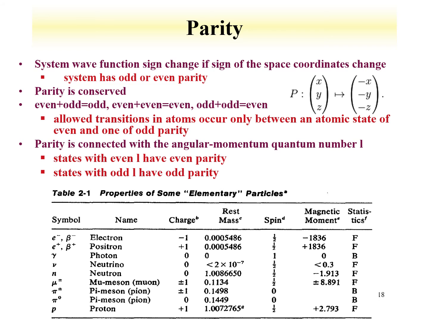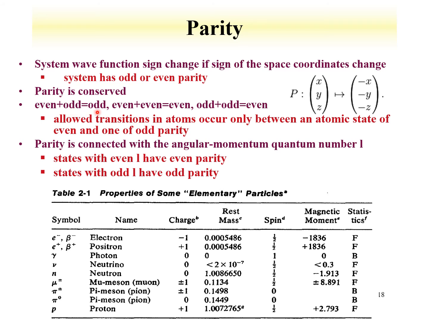You can think of parity as just another term to describe the behavior in quantum mechanical state of the system that you're exploring. Parity has to be conserved, so there are certain trends: even and odd go to odd, even and even are even, odd and odd go to even.